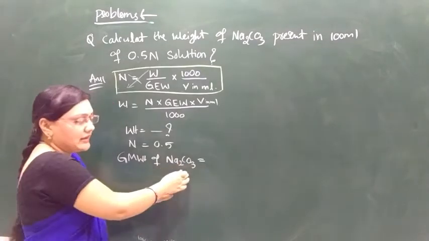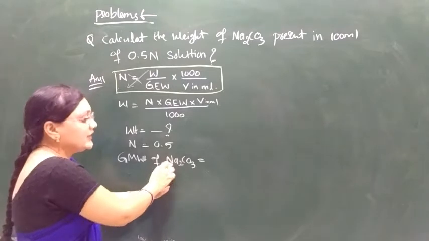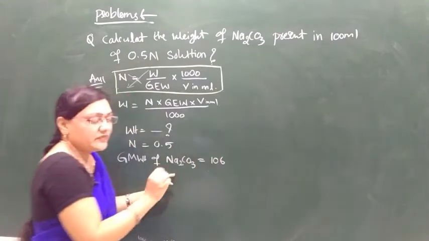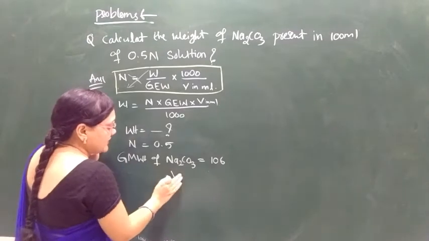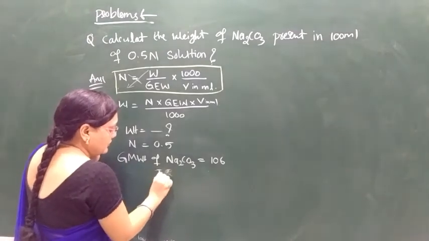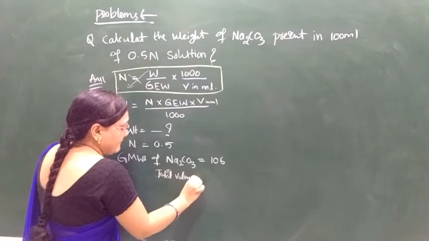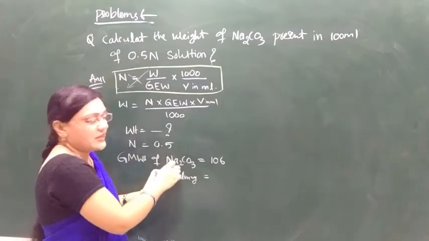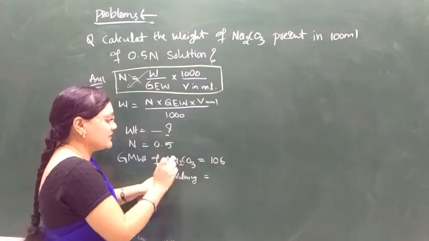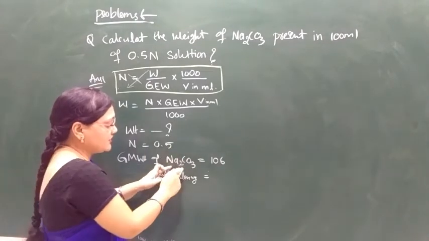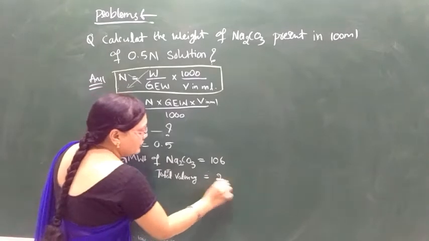This is the salt, sodium carbonate. Molecular weight is 106, and for the total valency, there are 2 sodiums, each sodium's valence is 1, so the valency is 2.